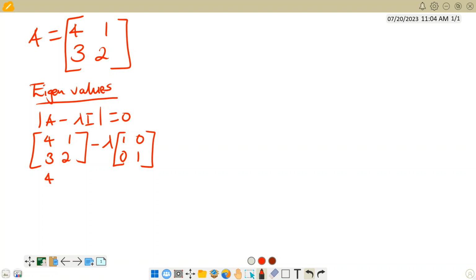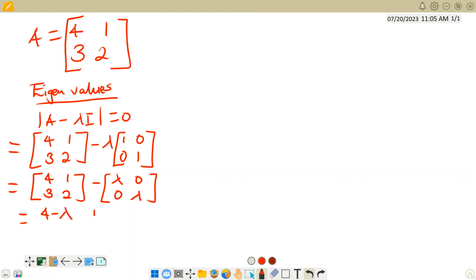So this will be 4 1 3 2 minus lambda 0 0 lambda, right? So this will be equal to 4 minus lambda, 1, 3, then 2 minus lambda.